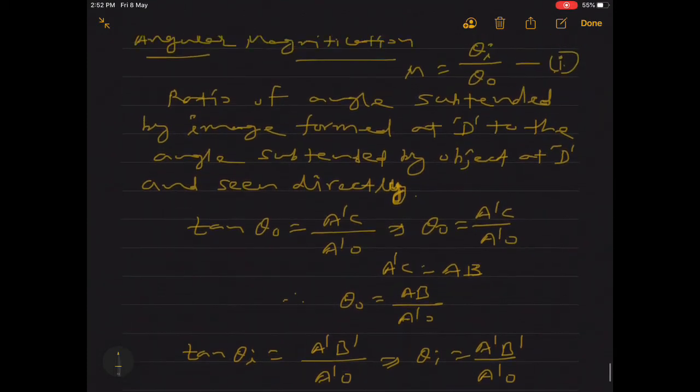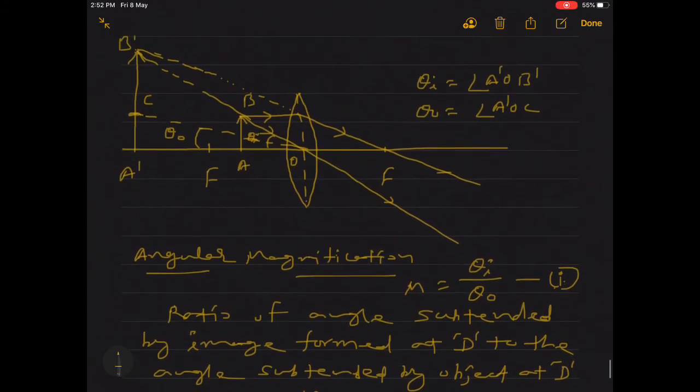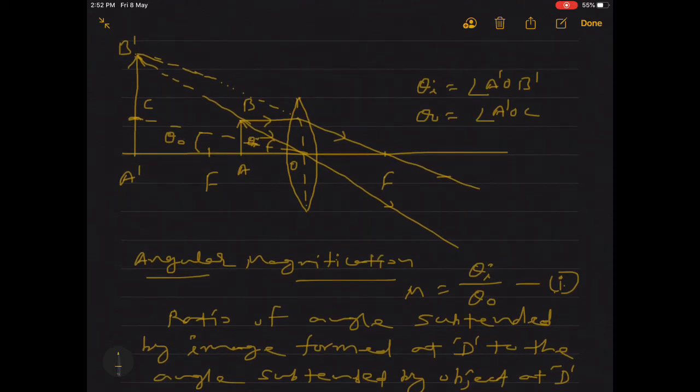Now if you see the diagram, we will understand a few more things very easily.